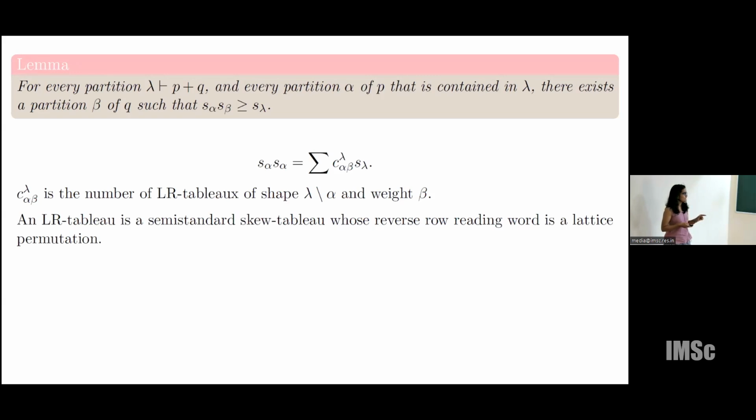C alpha beta lambda is the number of Littlewood-Richardson tableaux of shape lambda minus alpha and weight beta. Just recall that it is the number of semi-standard Young tableaux whose row reversing word is a lattice permutation. That is, the number of times one appears should be greater than or equal to the number of times two appears, and so on, at each step when we are reading.